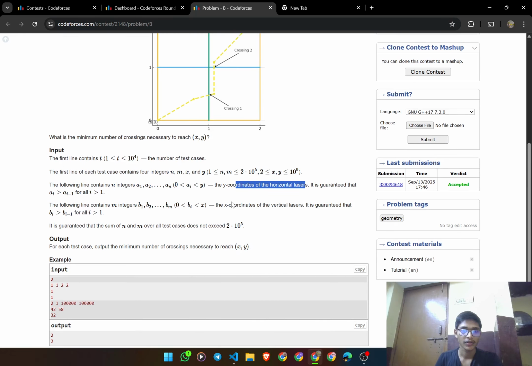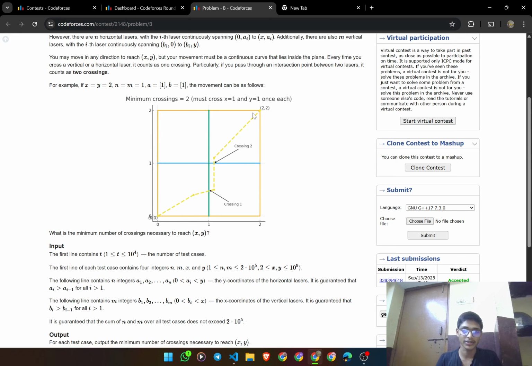These are the lasers. This laser will go up to the boundary, so he will have to cross all the lasers. The condition is given that the lasers go up to that point only.